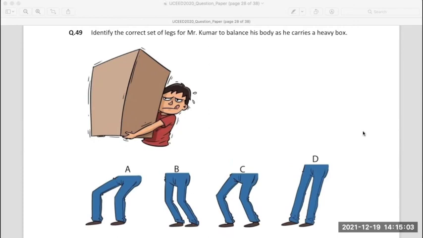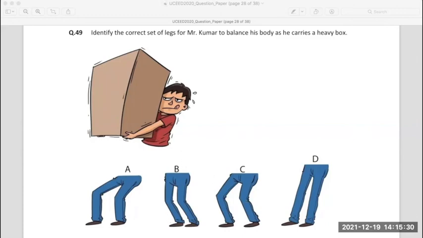C. Yes, C is the correct one, because in A his legs are ahead and his upper part of the body is behind. So he will clearly fall down to the ground. In option B, he will fall ahead because his legs are at the back and his whole front body is in the front. So because of his center of gravity, he will fall ahead.